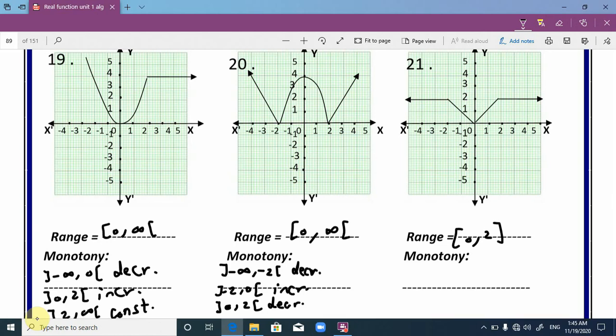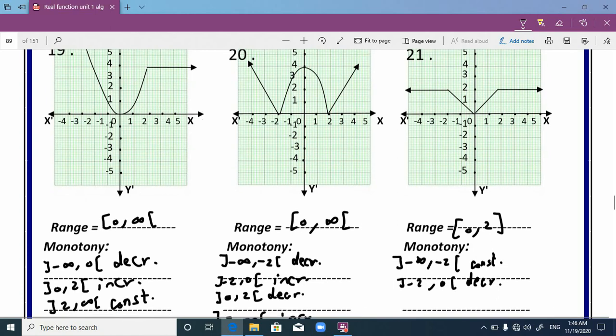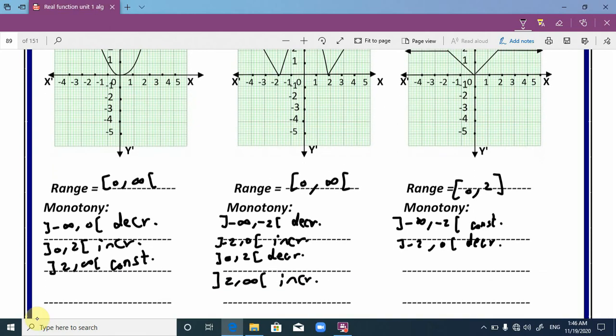And the monotony we have here 4 intervals: from negative infinity to negative 2 the function is constant. And from negative 2 to 0, the function is decreasing. And from 0 to 2, the function is increasing. And last one, from 2 to infinity, the function is constant.